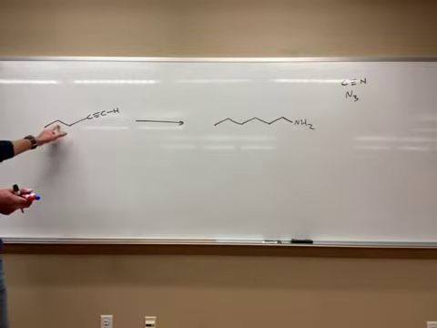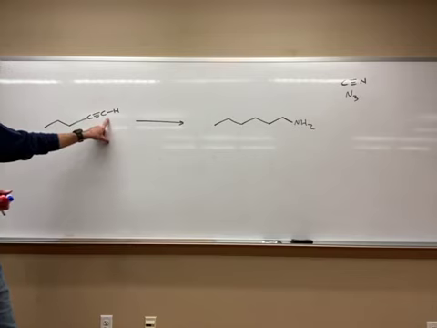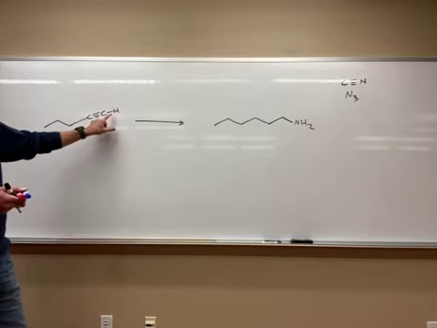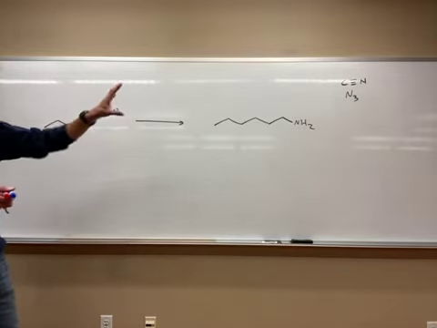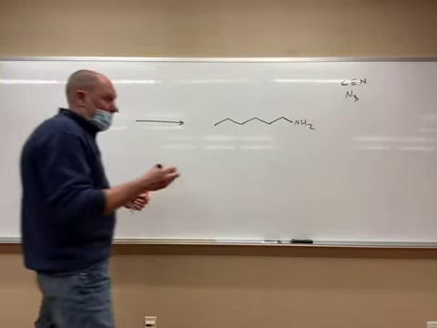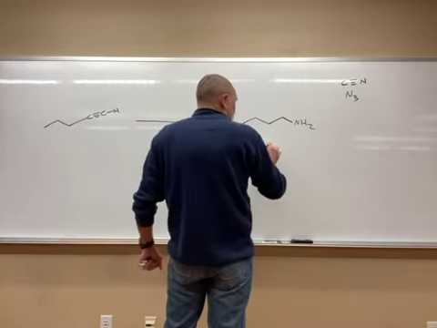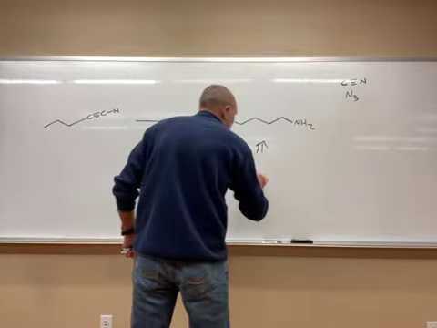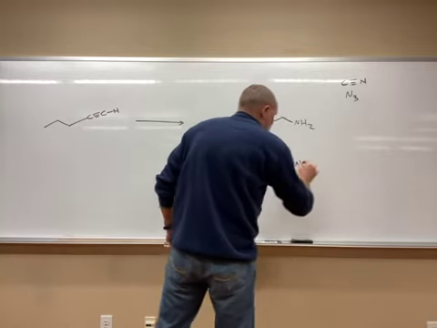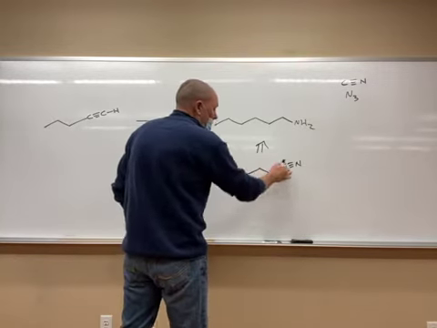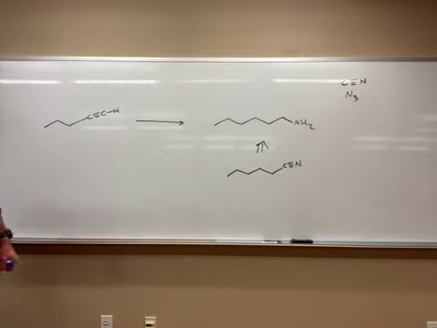Here I have 1, 2, 3, 4, 5. So that tells me I added a carbon to the end of this molecule. I went from 5 to 6. So that tells me that this probably came from this molecule. Okay? 6. That probably came from that molecule, right?